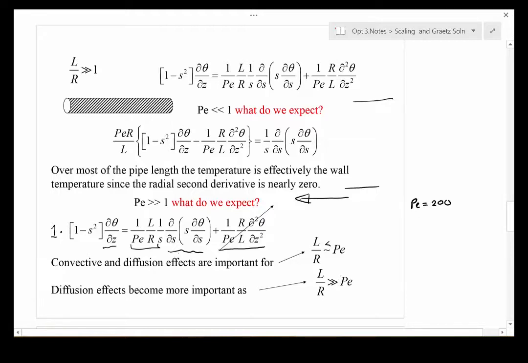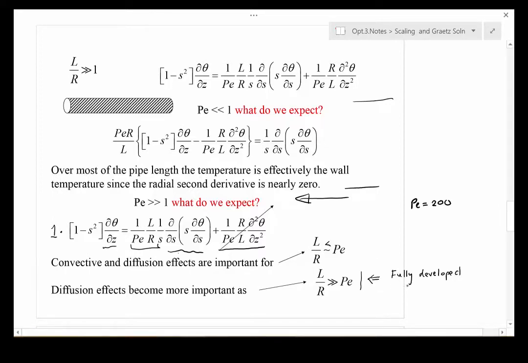You'll see that part of this is hinting at what it means to be fully developed in the thermal sense. Fully developed in the thermal sense is a suggestion that the temperature profile in a non-dimensional sense is unchanging.